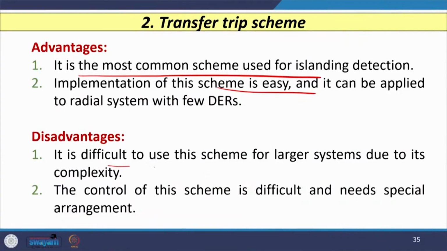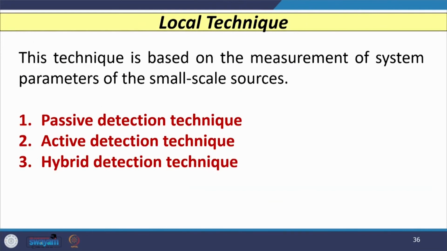However, it is very difficult to use this scheme for larger systems due to complexity, and control of this scheme is difficult and needs some special arrangement. That is why the major disadvantage of remote based islanding detection scheme is the requirement of several additional equipment, let us say communication equipment and devices.